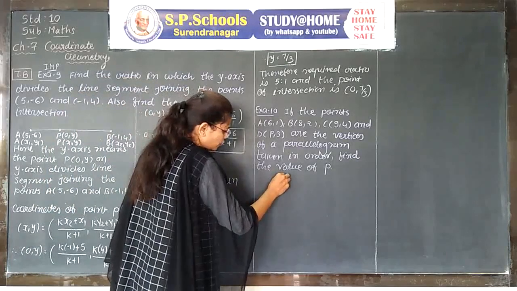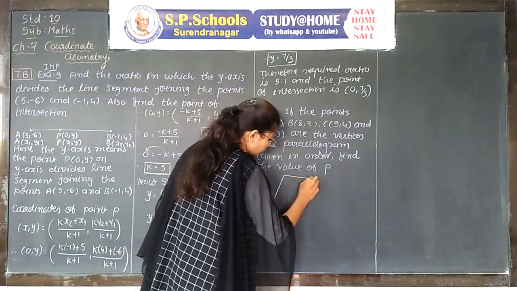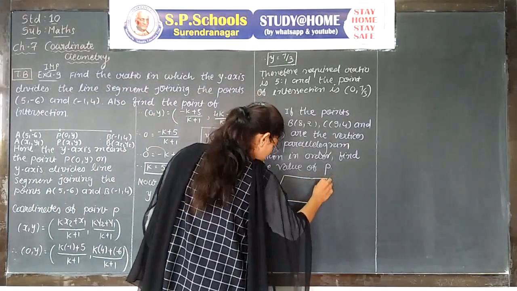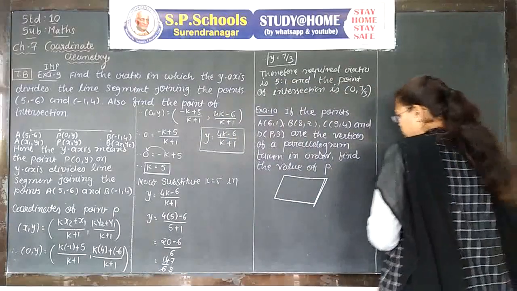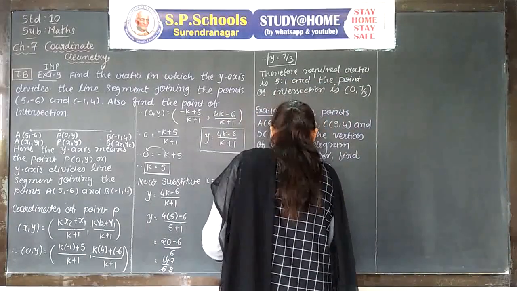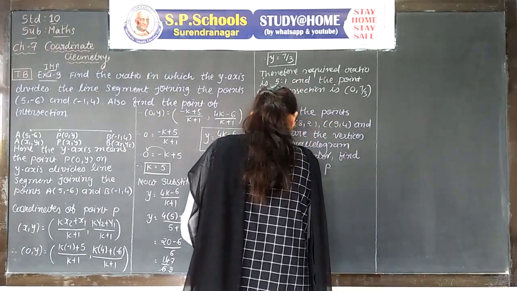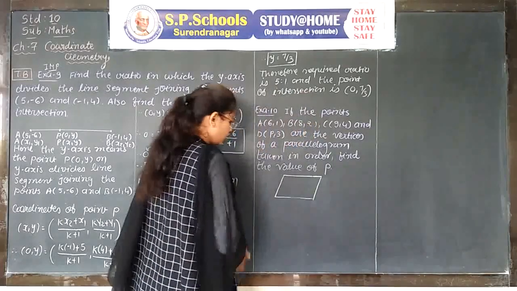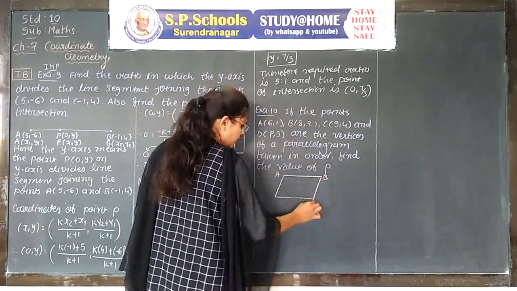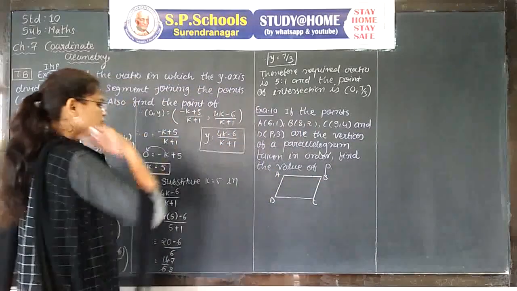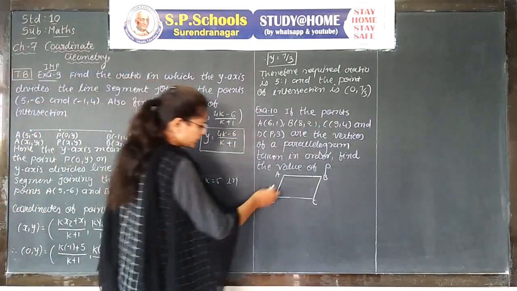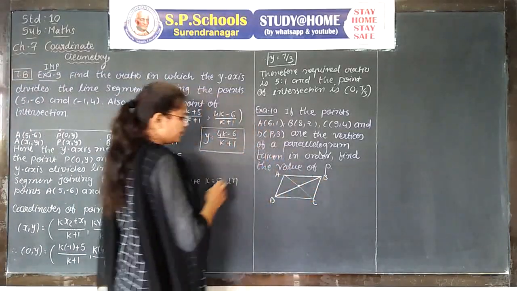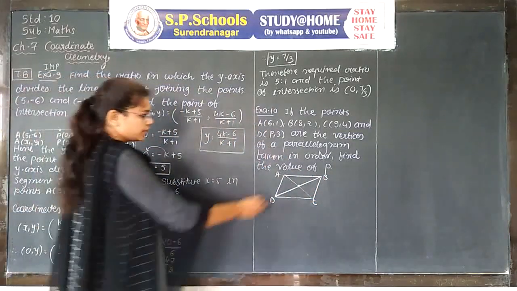Given vertices are of a parallelogram taken in order A, B, C and D. As we know the characteristic of a parallelogram, the midpoints of both diagonals are equal. We can apply this characteristic to find the value of p.